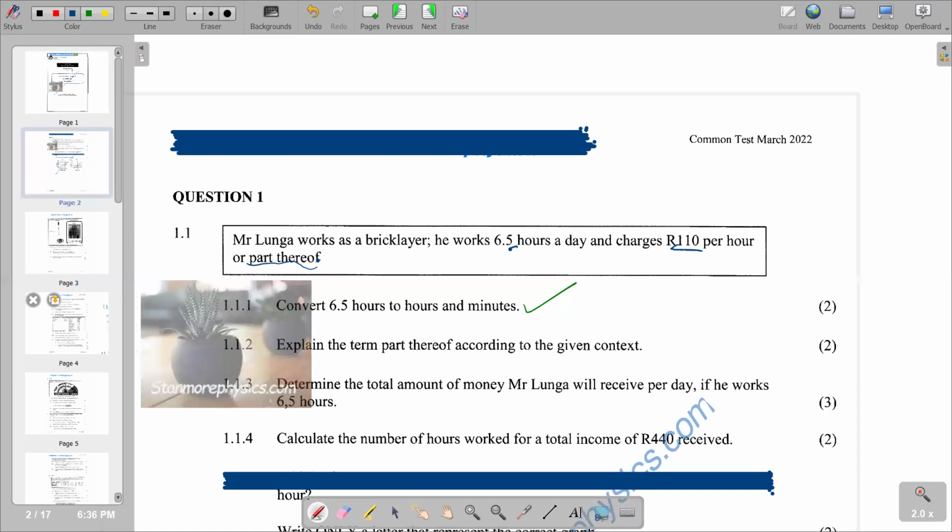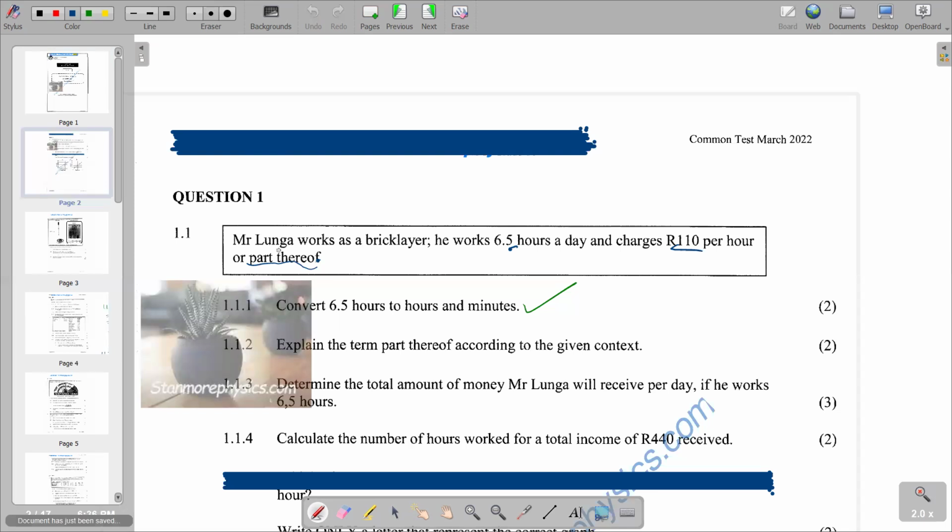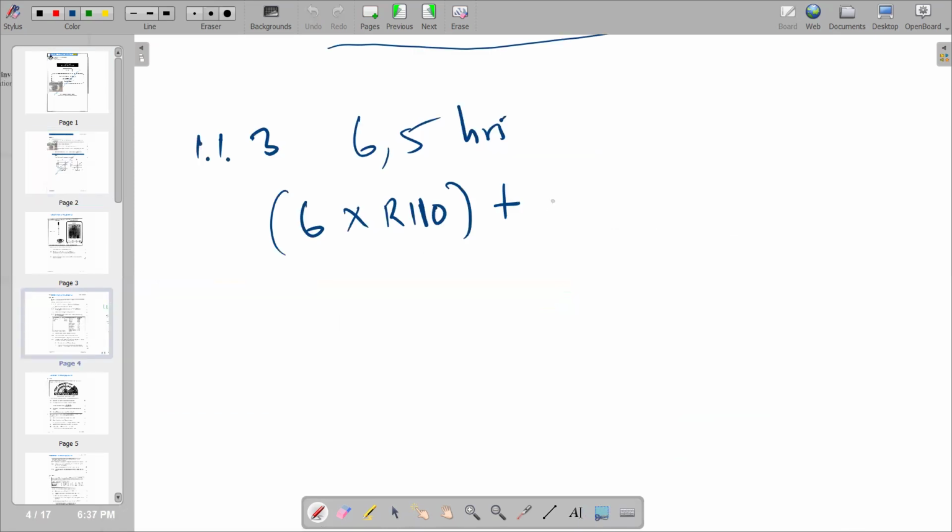So basically, we are saying we have 6 full hours that we are going to multiply by 110 rands. And then we add, remember here we have got for part thereof, which we are saying 0.5 is also equal to 110. So we also add the 110 for the 0.5. So if you multiply there, and then we add, you are going to get your answer, which is 770 rands. So this becomes your final answer. So basically, that's what we have in terms of 1.1.3.